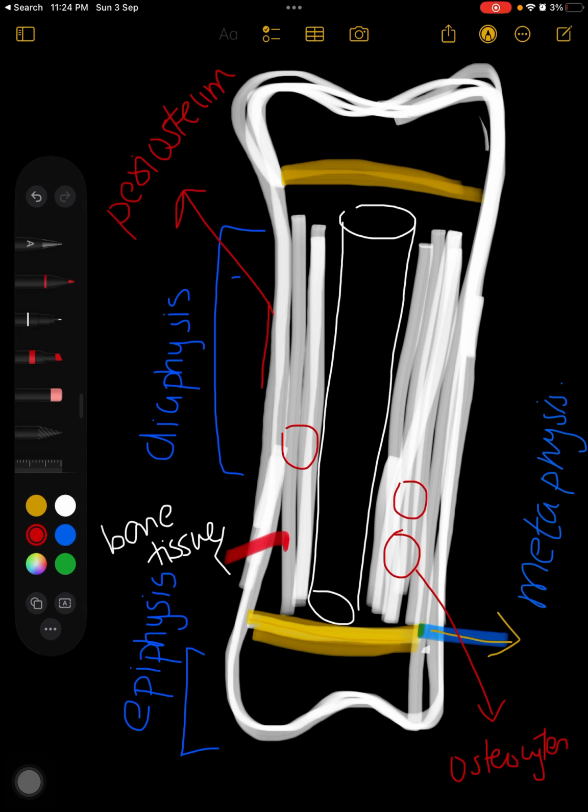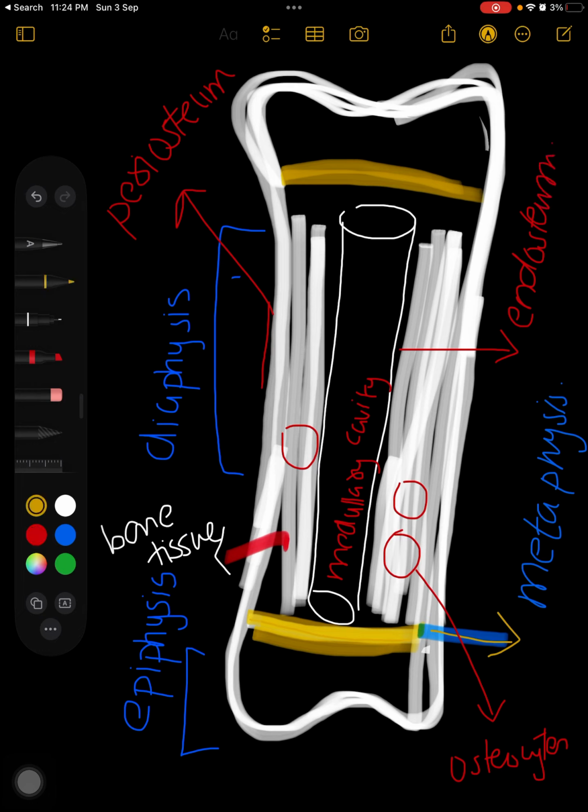And here I said that this is the cavity. This is known as the medullary cavity, and the covering of this medullary cavity, also made up of connective tissue, is known as endosteum.